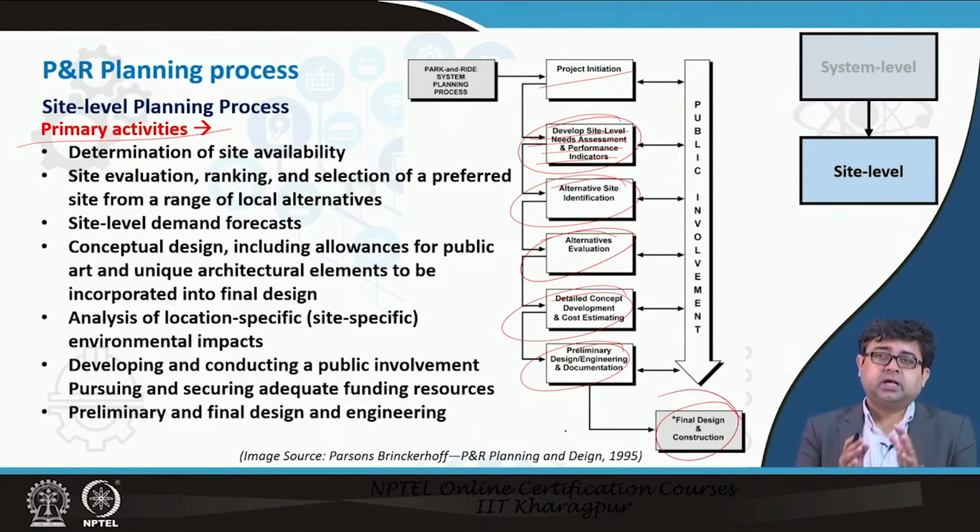Okay. So, this is a site level planning process which is pretty generic for any project that you want to take up, but in this case this is a park and ride facility, and we will take you through this process in a mathematical concept and allow you to understand how to pick a site for your park and ride facility.